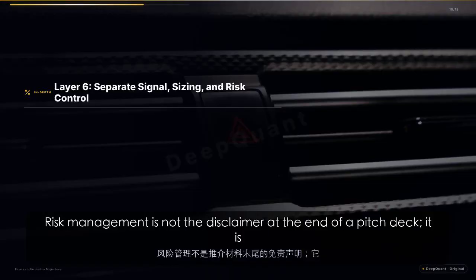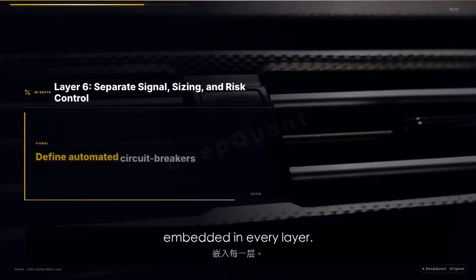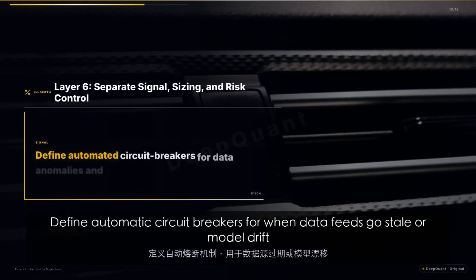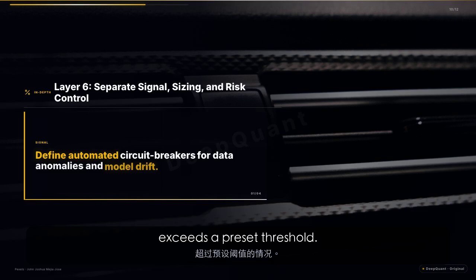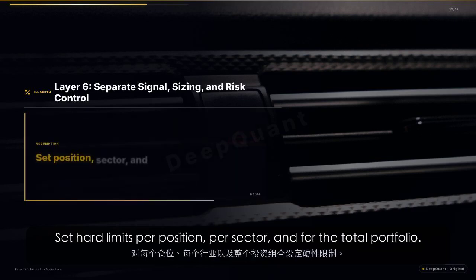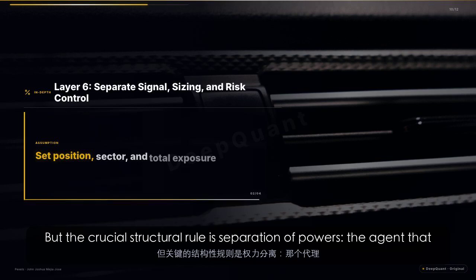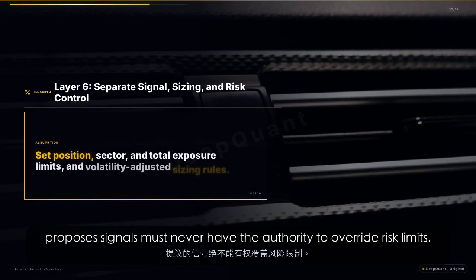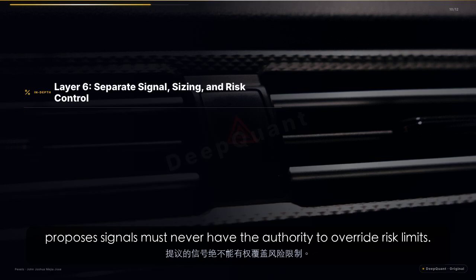Risk management is not the disclaimer at the end of a pitch deck, it is embedded in every layer. Define automatic circuit breakers for when data feeds go stale or model drift exceeds a preset threshold. Set hard limits per position, per sector, and for the total portfolio. But the crucial structural rule is separation of powers: the agent that proposes signals must never have the authority to override risk limits.